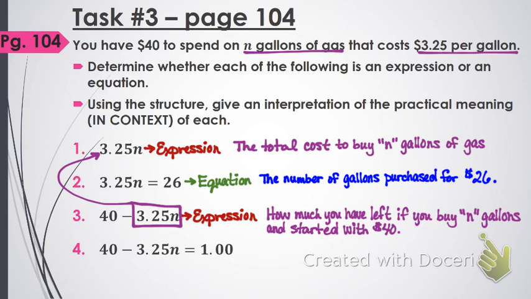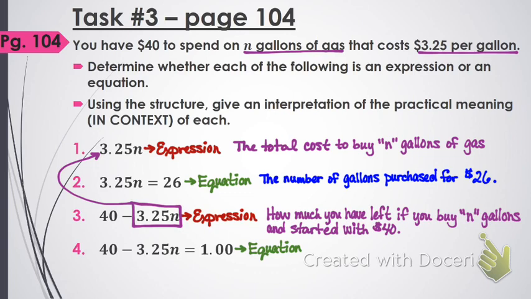Number 4. Is that one an expression or an equation? That's an equation. And we know that because there's an equal sign. Notice that everything over here on the left is exactly the same as this expression right here. We said that that expression tells us how much we have left, right? This has an equal sign.